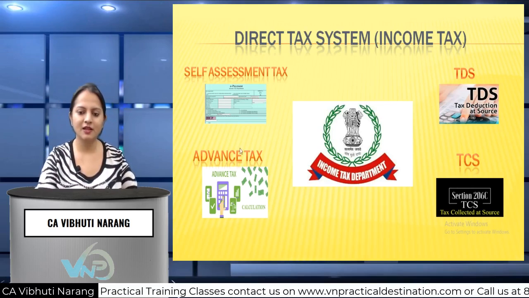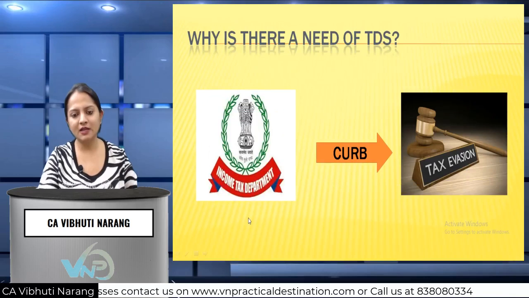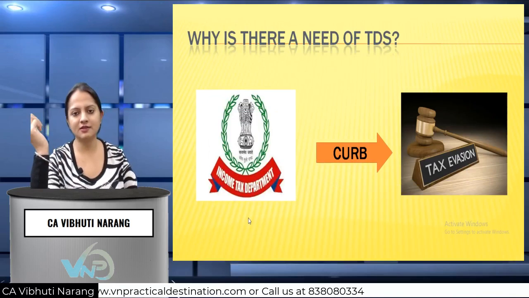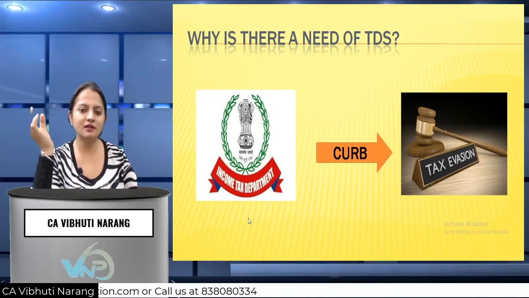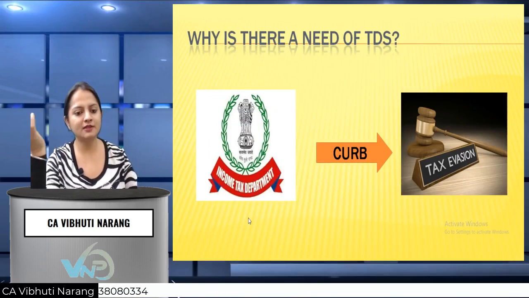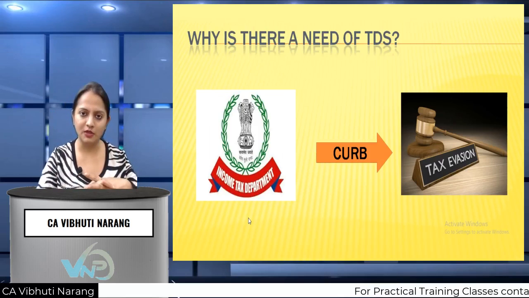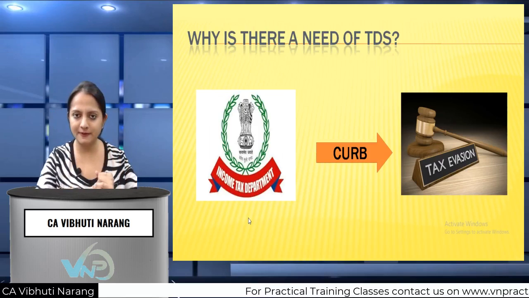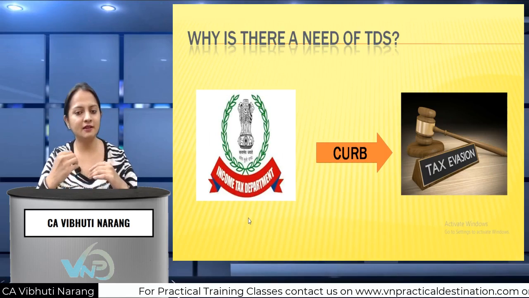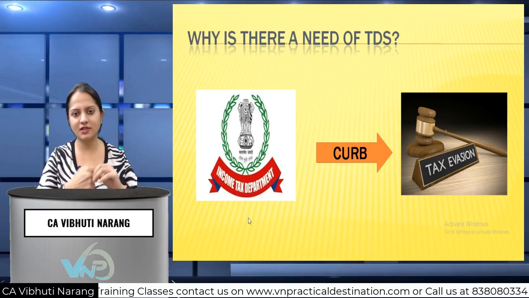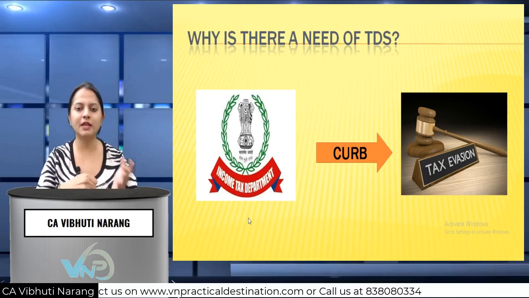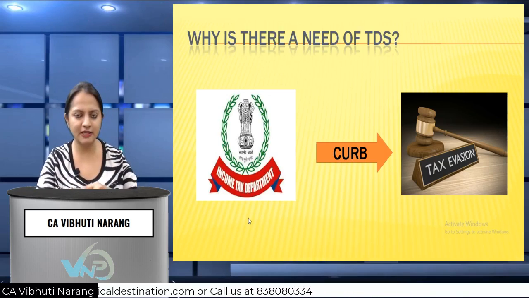So these are the four areas from which the Income Tax Department collects tax under the direct tax system. Now, before understanding what is TDS, we need to understand why there was a need for this concept of TDS. India is a very large country in terms of population. We have crores of people living in India, and there is a chance of tax evasion. It means there are many people who may or may not be filing the return of income.